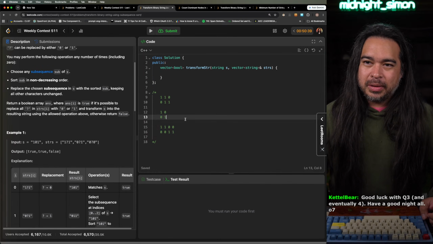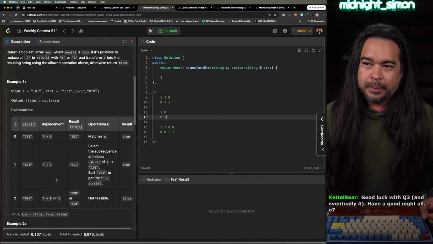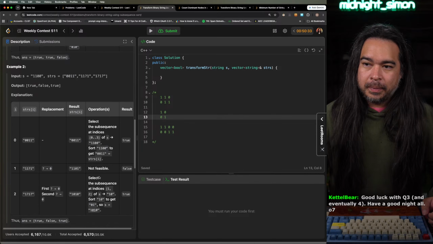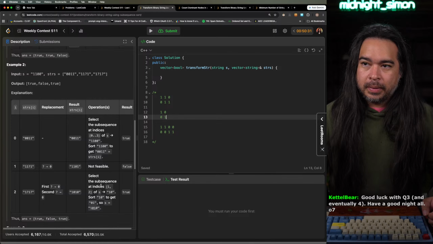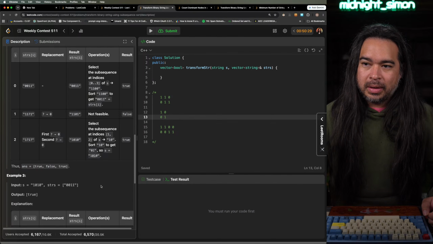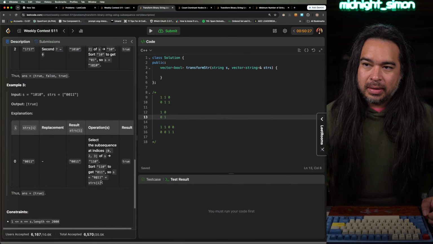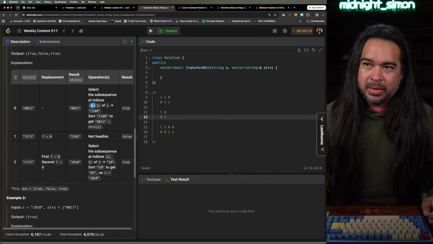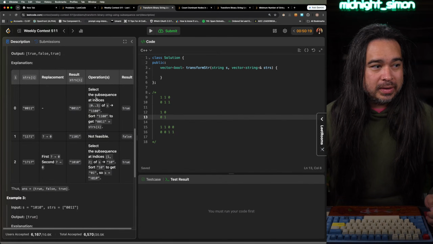I don't know, man. Like in these examples, all the sorting that they do are like substrings instead of just subsequences.